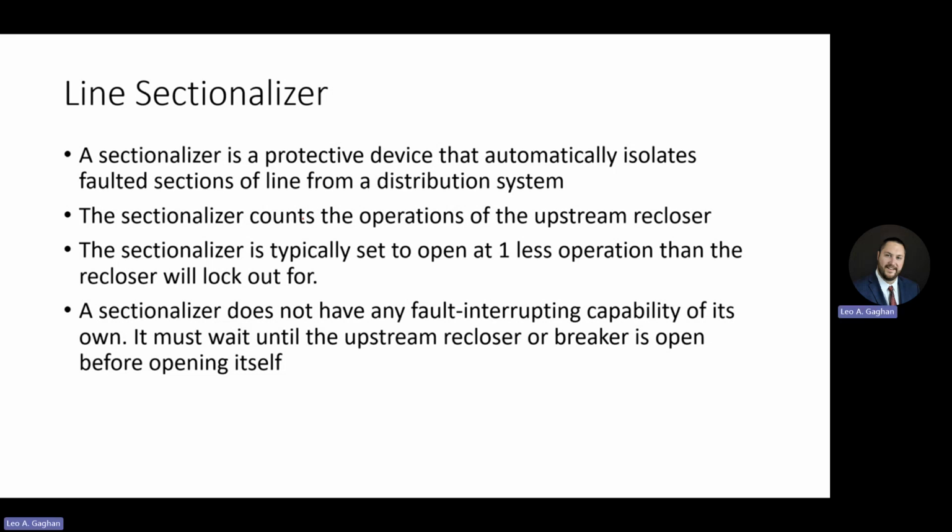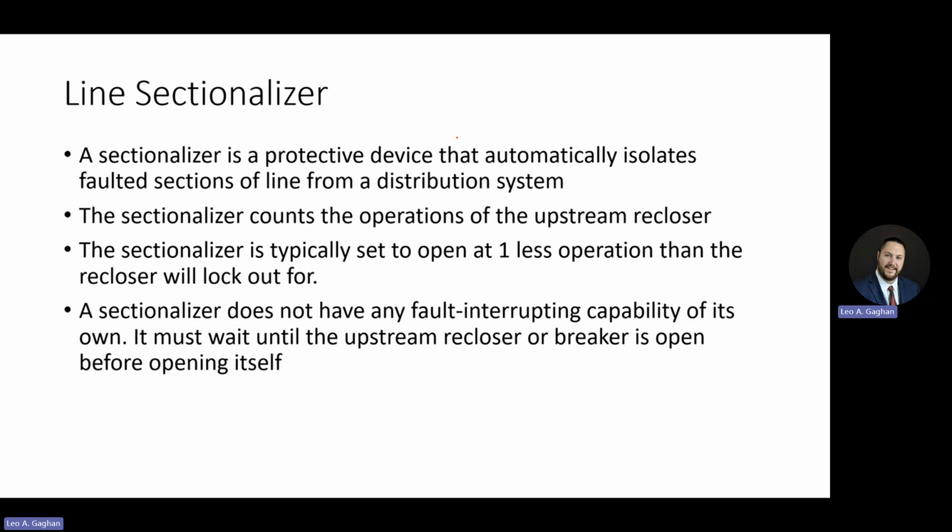So the sectionalizer is typically set to open at one less operation than the recloser will lock out for. So the sectionalizer does not have any fault interrupting capabilities of its own. It must wait until the upstream recloser or breaker is open before opening itself. So what does it mean by this? It opens at one less operation than the recloser will lock out for.